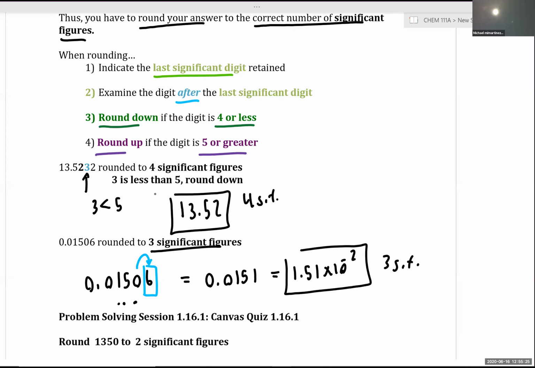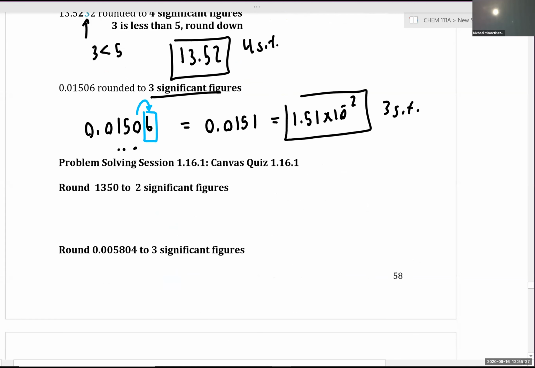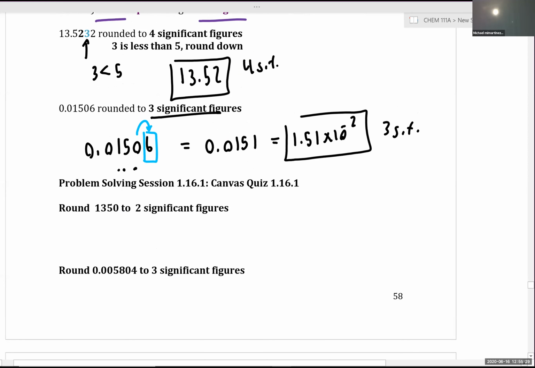So to check everyone's understanding, let's have everyone open up Canvas quiz 1.16-1 and work on this problem in your notes. And don't be shy to submit your responses via Canvas or via the chat function.